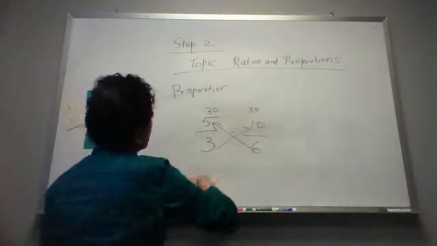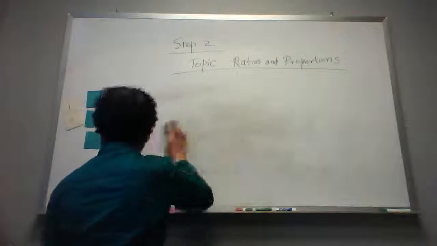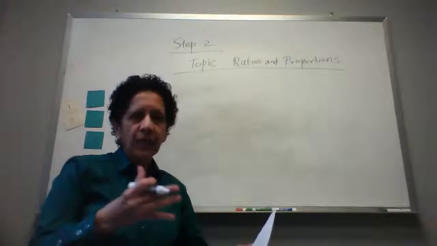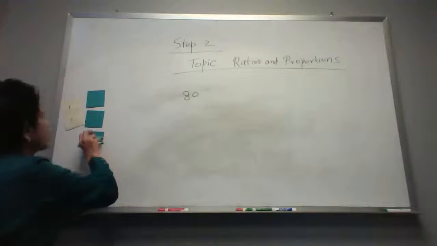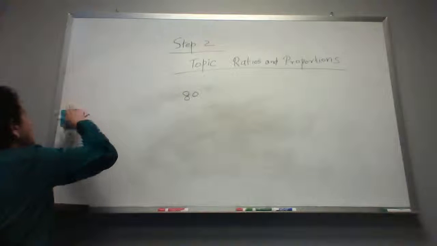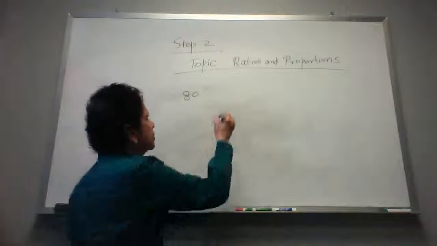So now, there are a lot of problems you can solve with proportions. So let's take this example. So let's say that in a class, there are 80 students, okay? Total number of students is 80, okay? And the number of boys to girls ratio is 3 to 2.